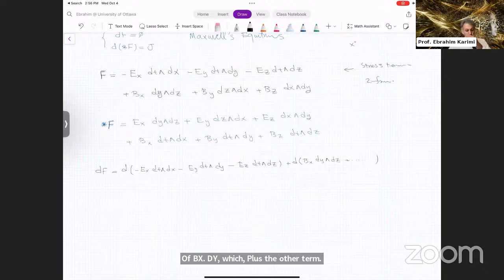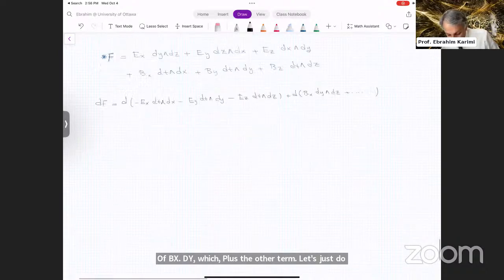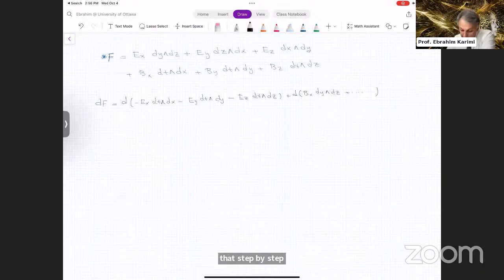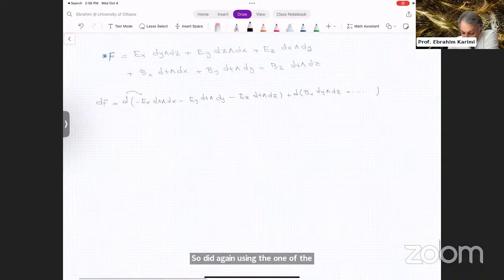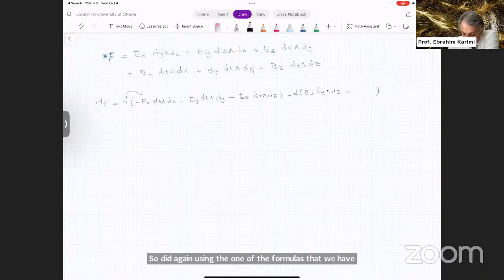Let's just do that step by step. Again, using one of the formulas that we have, the derivative will act only on the first one, and the second one will be equal to 0, but you have to do the wedge product.